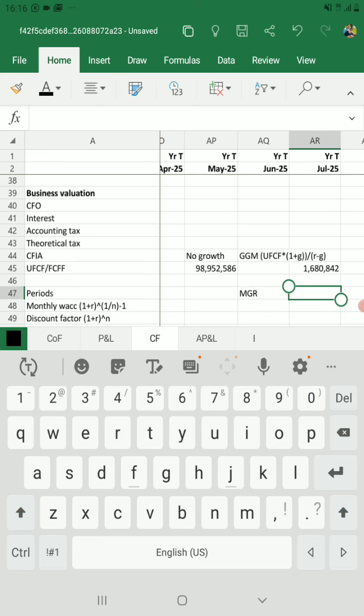So the same formula we use to convert our annual rate into a monthly rate is the one we are going to use here.